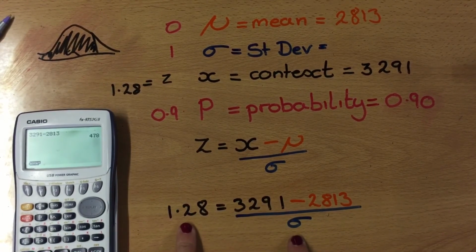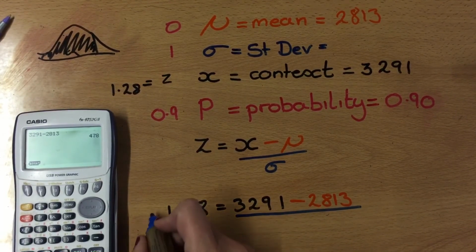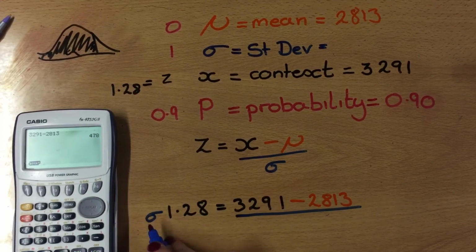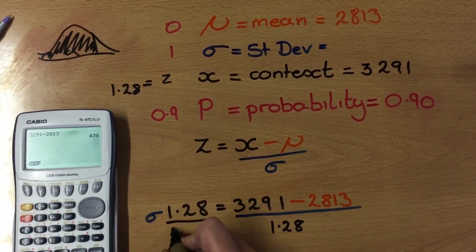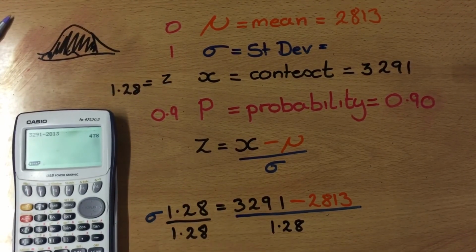Then if we rearrange this, we can multiply by sigma and divide by 1.28. If we multiply both sides by sigma, we'd end up with sigma times this, but we want sigma on its own. So if we divide both sides by 1.28, these two cancel, and we're just left with sigma on this side.